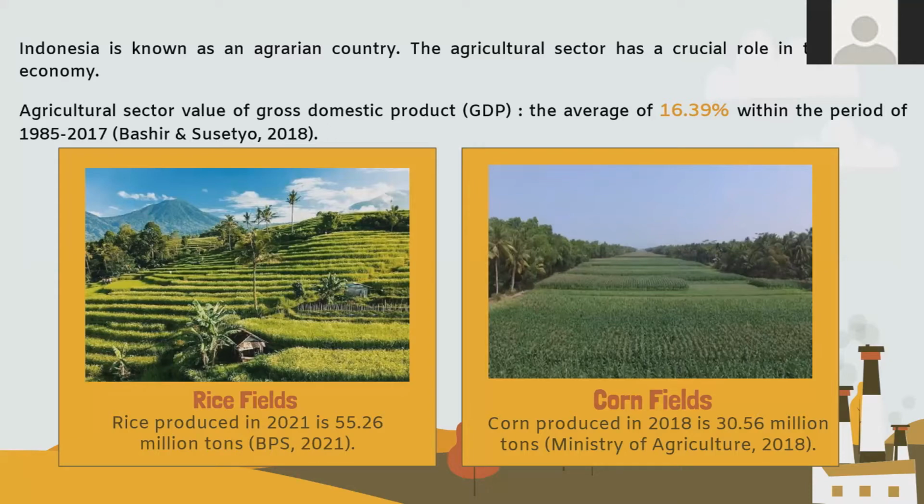Based on data from the Central Statistic Agency Indonesia, the amount of rice production in 2021 is 55.26 tons. In addition, other types of agriculture that are often found in Indonesia are corn farming. Based on data from the Indonesian Ministry of Agriculture in 2018, corn production was 30.56 million tons.